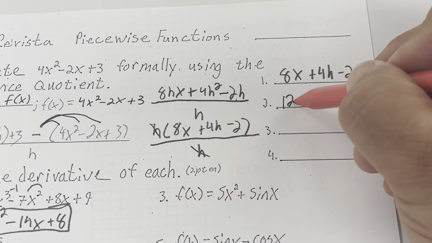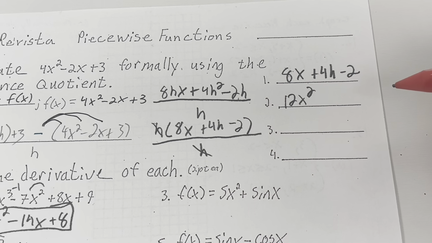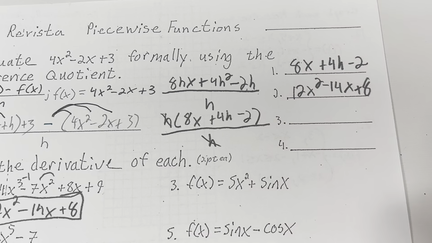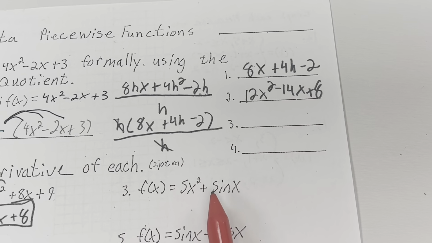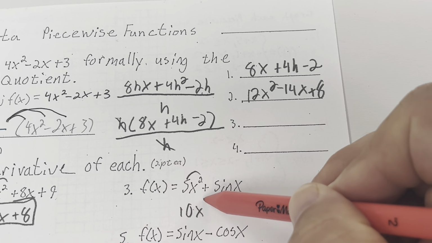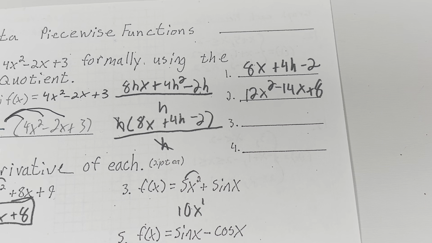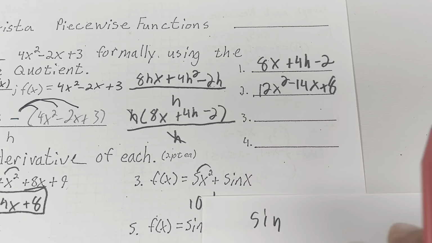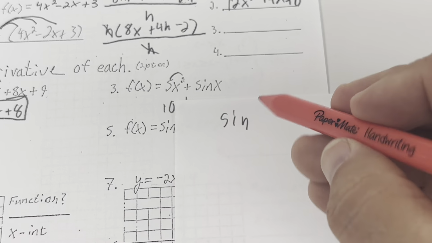So 12x squared minus 14x plus 8. Number 3, another one, power rule, that's going to give us 10x to the first. And then there's a note for the trig derivatives. So the derivative of sine is cosine.